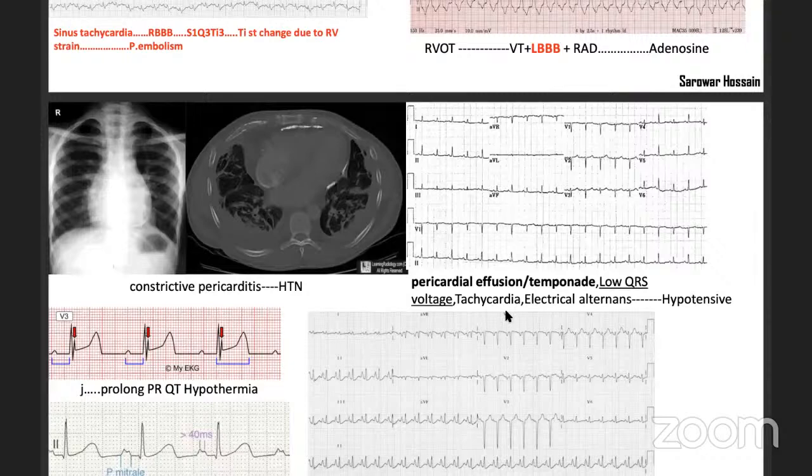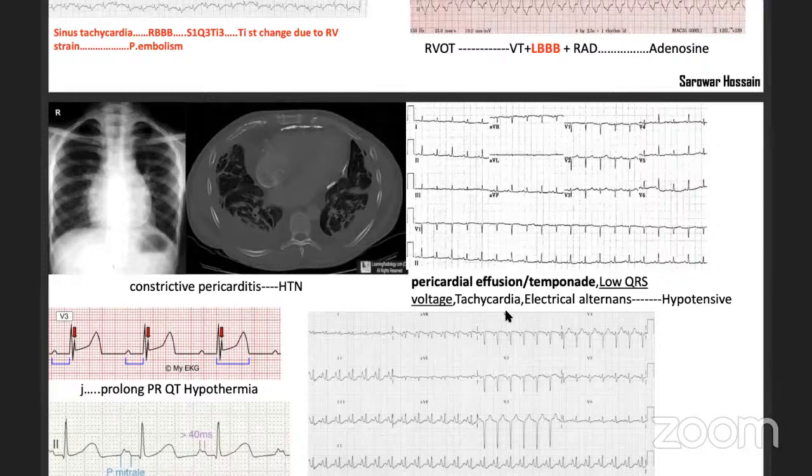Muffled heart sounds, hypotension, elevated JVP. What is the triad? Beck's triad, yes. Those three are there. It's more of a tamponade.